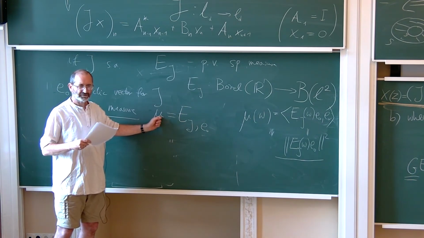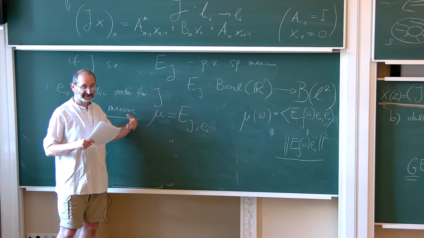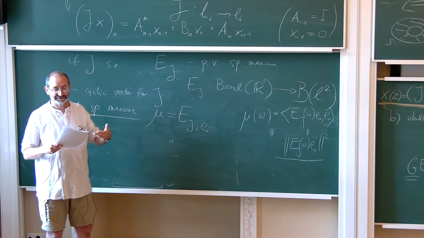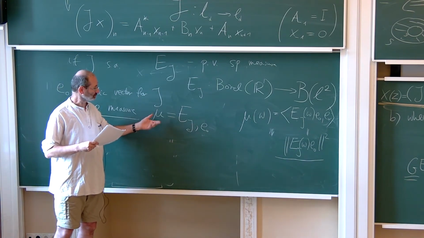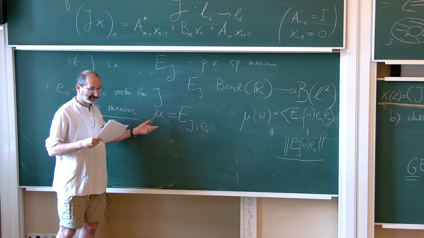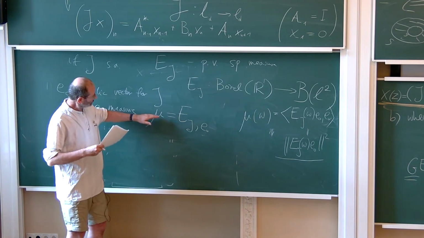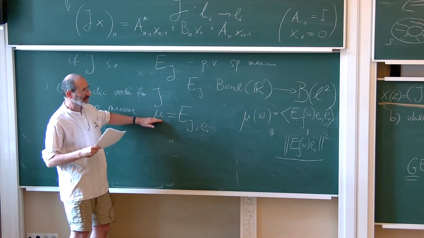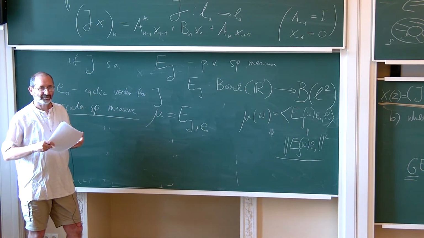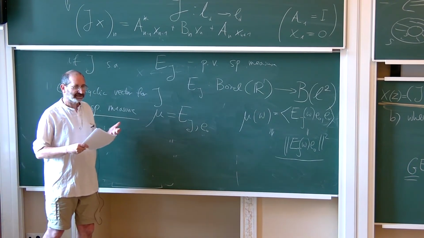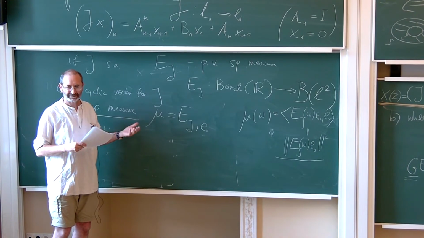It's enough to know the absolutely continuous part of this measure in the sense of Radon-Nikodym. You know that each measure can be divided, is the sum of the absolutely continuous and singular continuous parts.